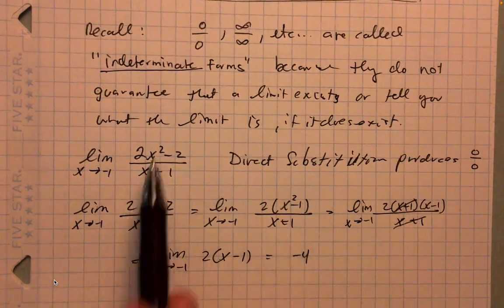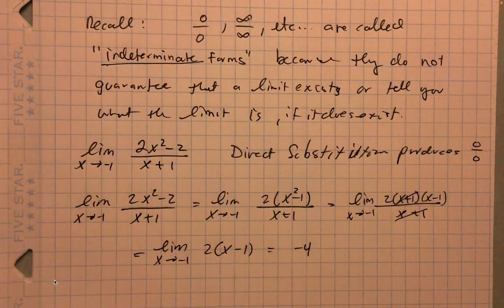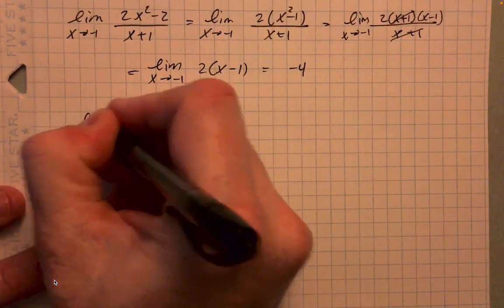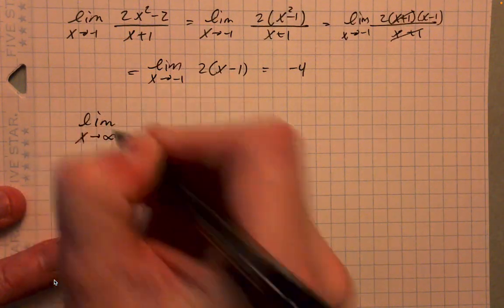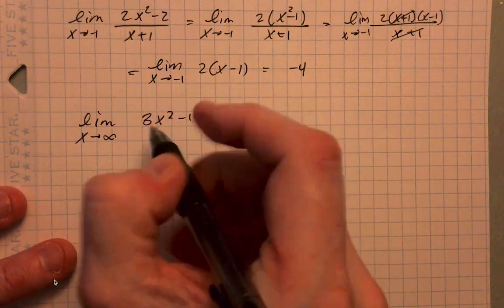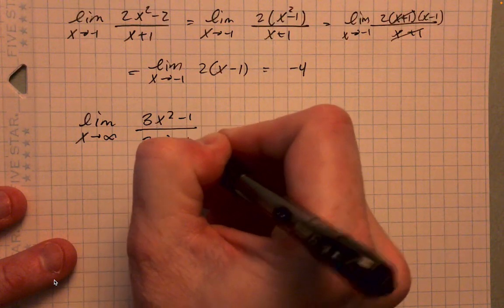Okay. So in this case, considering the function on its surface produces an indeterminate result, but we learned algebraic techniques to allow us to still identify the limit. Another example of something we've done in the past would be this one here. What about the limit as x approaches infinity of 3x squared minus 1 over 2x squared plus 1?